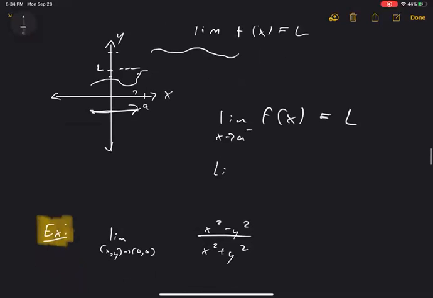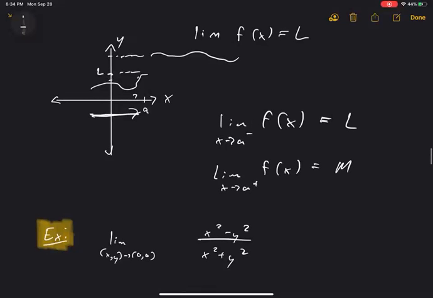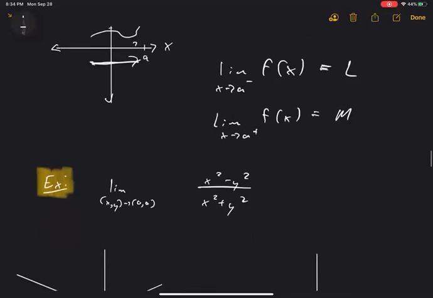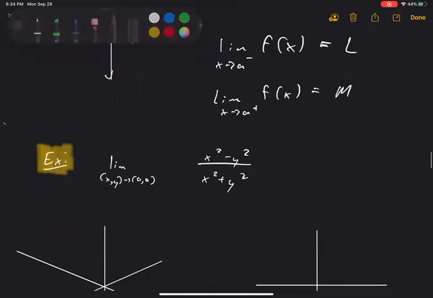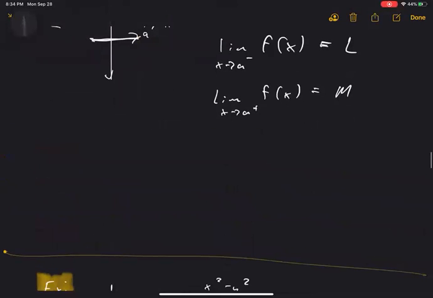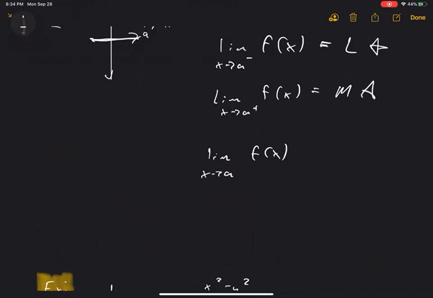And then similarly, this right-hand limit, from the right side, exists, and that's equal to M, we said. Now, for this general limit to exist, the limit from the left has to equal the limit from the right.